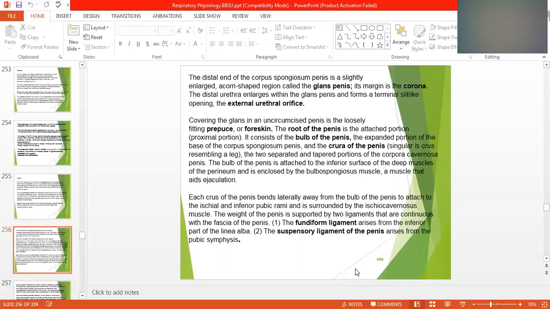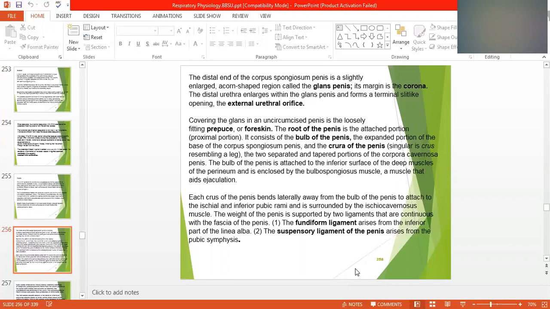The bulb of the penis is attached to the inferior surface of the deep muscles of the perineum and is enclosed by the bulbospongiosus muscle, a muscle that aids ejaculation. To get it clear, you must go and see the pictures of this area of anatomy in your notes and books, what you have learned last semester, and then you will understand more easily.